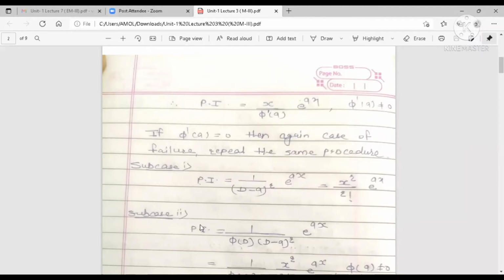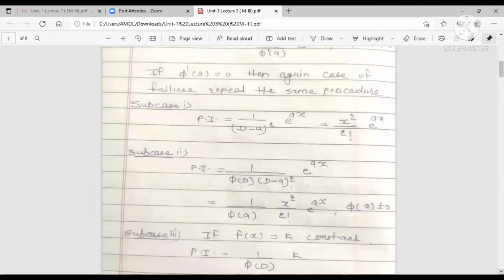Now subcase 2 is if phi of D is phi1 of D into (D minus a) to the power r, and the function is the same exponential function. Then how to find the PI? The formula is here. You first replace D by a in phi1 of D, and then 1 upon (D minus a) to the power r into e to the power ax is the same as subcase 1.